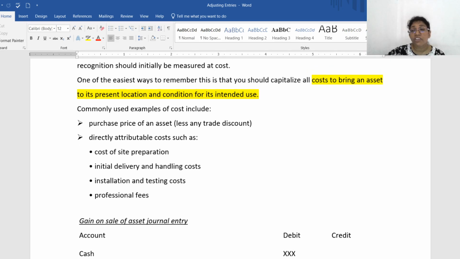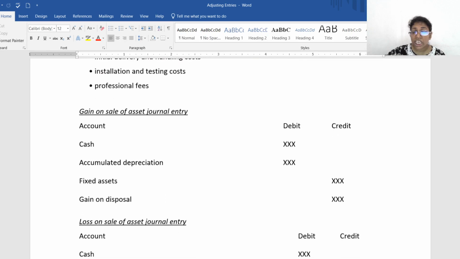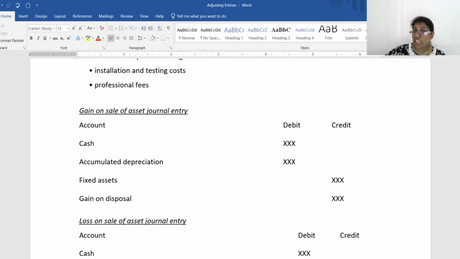Then what will happen when there is a disposal? If an asset is old or damaged, we are going to dispose of that asset. When we dispose of an asset and experience a gain, how do we record it?